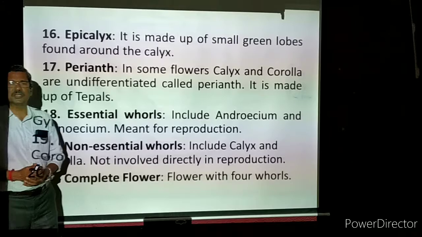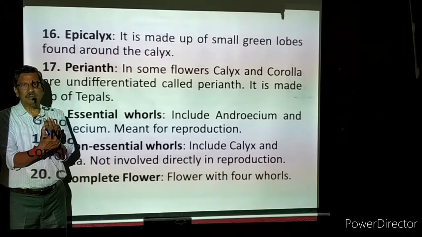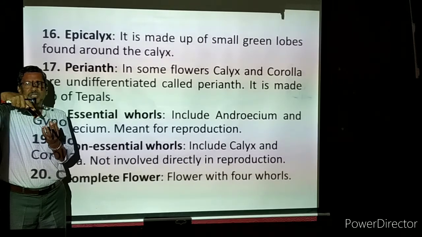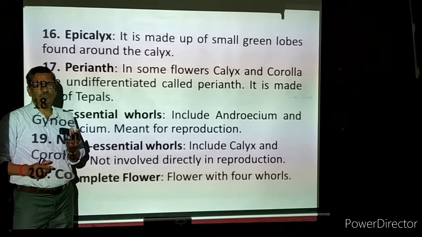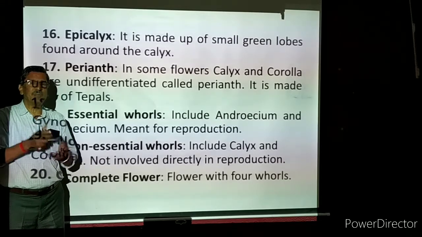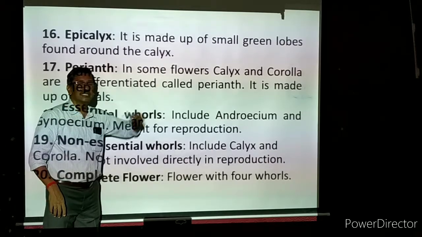What is that undifferentiated? Generally, calyx will be small, green in color, the outermost whorl. Corolla is made up of petals which are larger and beautifully colored. You can find differences size wise, color wise, shape wise, a lot of differences will be there. That is called a differentiated calyx and corolla.